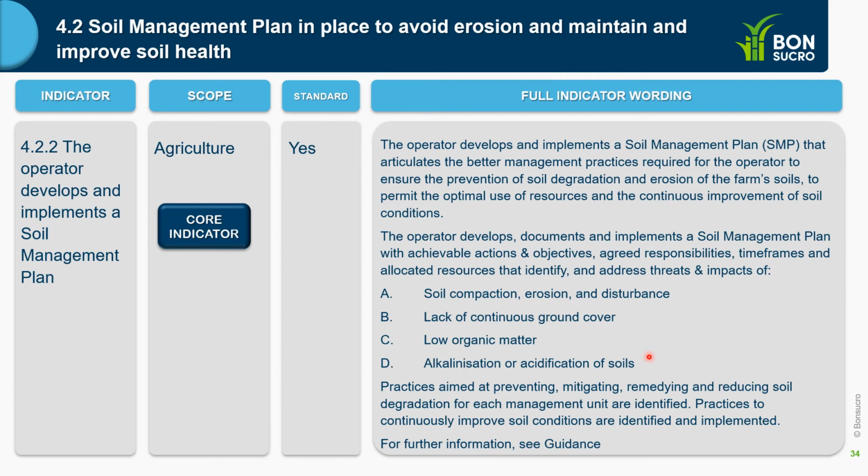Practices aimed at preventing, mitigating, remediating, and reducing soil degradation for each management unit, identifying these management units from 4.1.1 and 4.2.1, and the practices to continuously improve soil conditions, are identified and implemented.